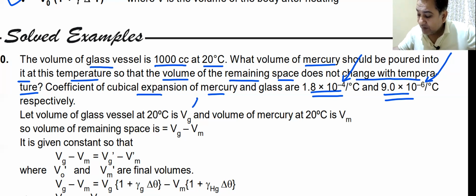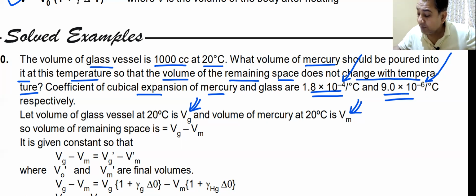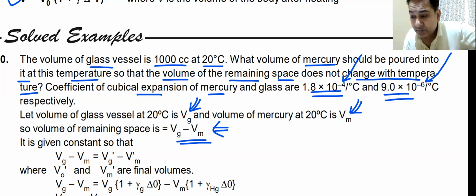So we assume that the initial volume of the glass vessel is Vg at 20 degrees Celsius. The initial volume of mercury that you fill is Vm at 20 degrees Celsius. What is the volume of the remaining space then? It will be Vg minus Vm. We agree on this?